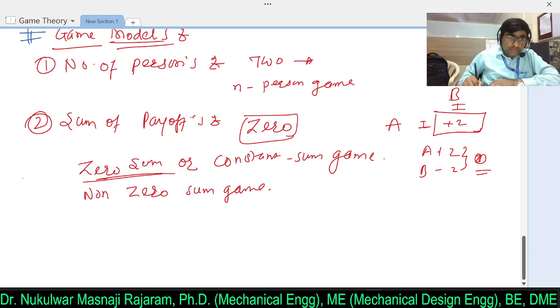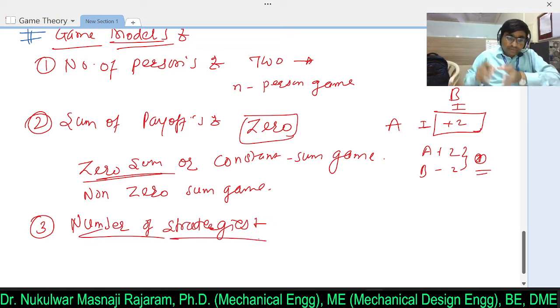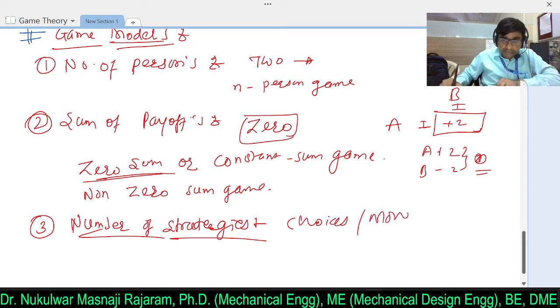Clear. Now the third is based on the number of strategies. If the number of strategies, moves, or choices is finite.